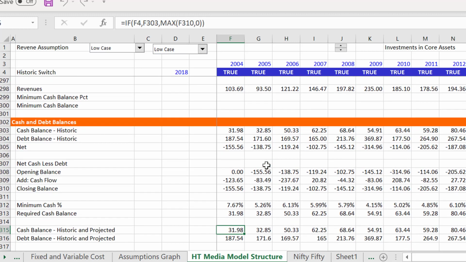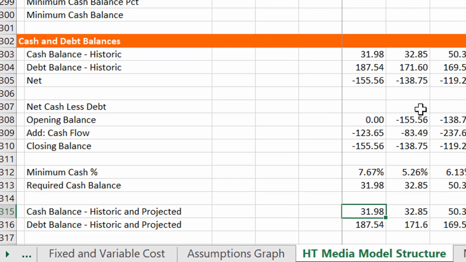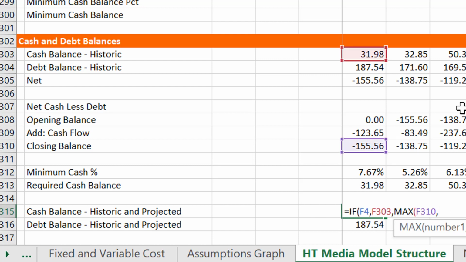Now, when we have our cash balance, we said maximum of 0. Well, it's not really the maximum of 0 up here. It's the maximum of, it can never be less than the minimum cash balance. So it seems that all we have to do is change this number.